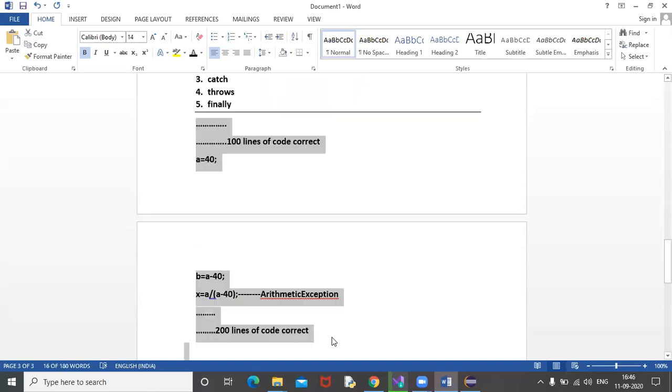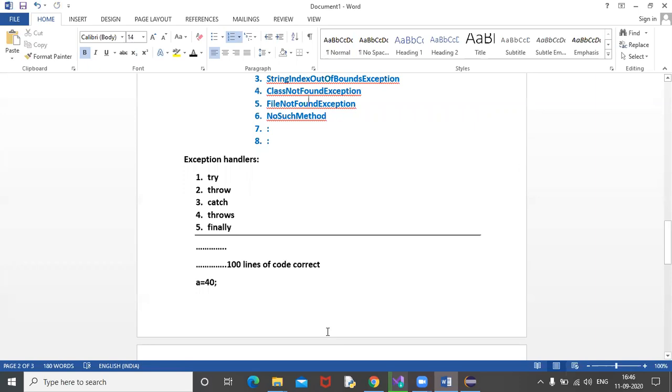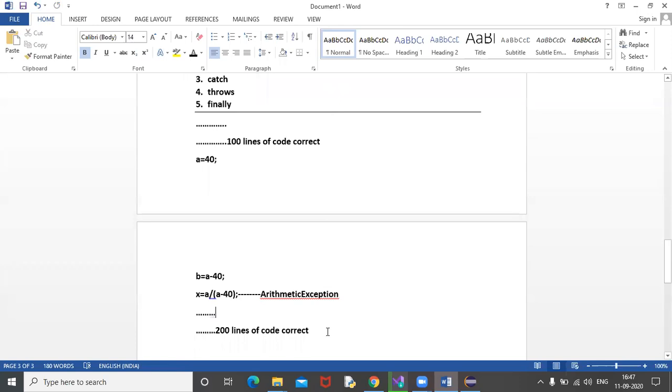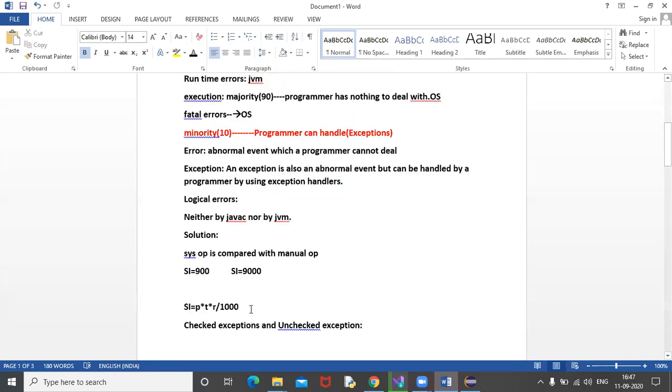What is the difference between a logical error and this? Can we consider this a logical error? No, this is not logical. You are misled here. A logical error means you are getting some output. For example, in the simple interest case, you are not getting any undefined value; you are getting 900 in place of 9,000.